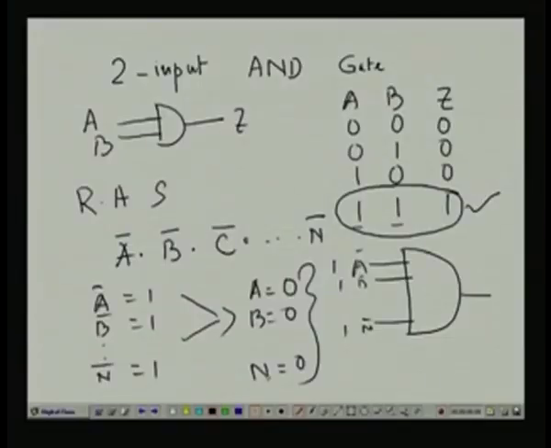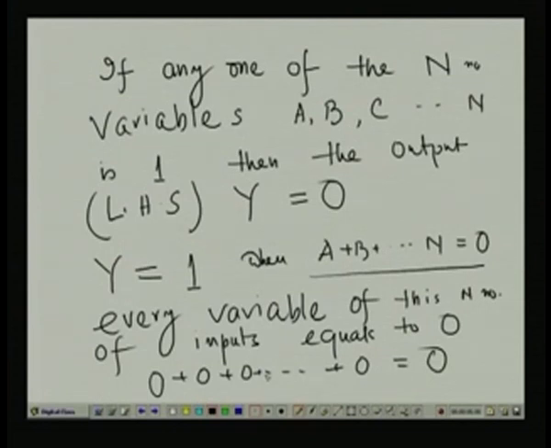That means, when all the input variables that are not inverted, the uncomplemented variables, are zeros. So, if we see here, every variable of this n number of inputs equal to 0, what we have achieved from the left hand side also, and only at this time the output becomes 1.